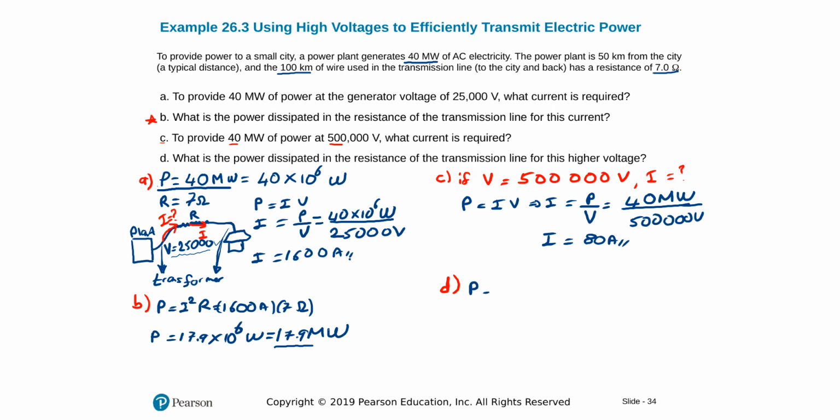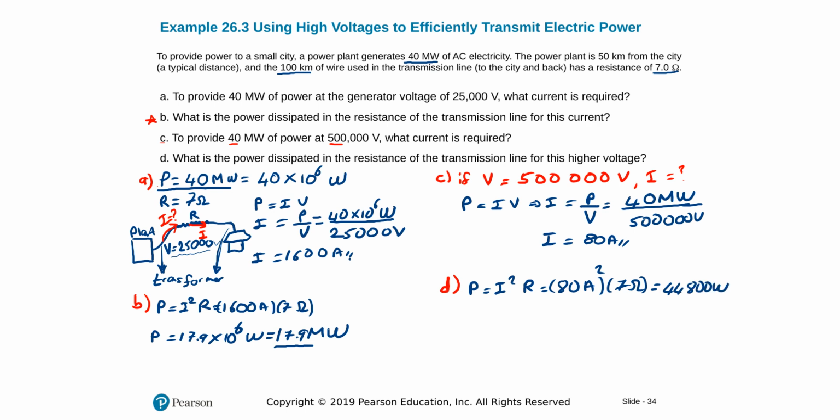So power dissipated now, again, I squared R: 80 amperes squared times 7 ohms, and that should give us a power of about 44,800 watts.